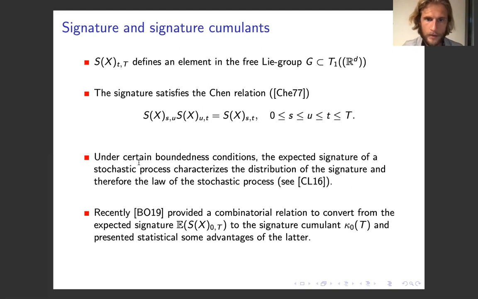Then under certain conditions of boundedness, the expected signature of a stochastic process characterizes the distribution of the signature, and therefore it also characterizes the law of the stochastic process. And now you can see that there's a correspondence between the moment generating function of a random variable and the expected signature of a stochastic process. Recently, Bonnier and Oberhauser provided a combinatorial relation to convert from the expected signature to the signature cumulant.